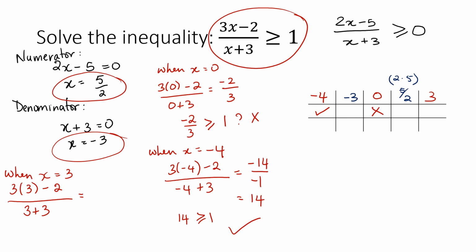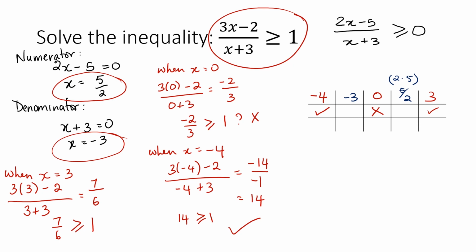And that will be 3 3s are 9. 9 minus 2 is 7. 3 plus 3 is 6. So you have 7/6, which is 1 whole and 1/6. So is 7/6 greater than or equal to 1? Surely it is. So now we see that our inequality is only satisfied when x is less than -3 and when it is greater than 5/2.